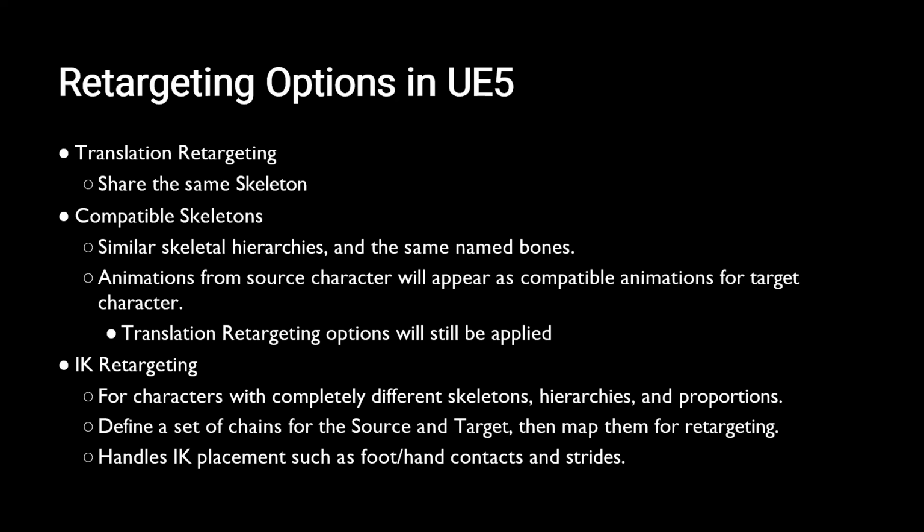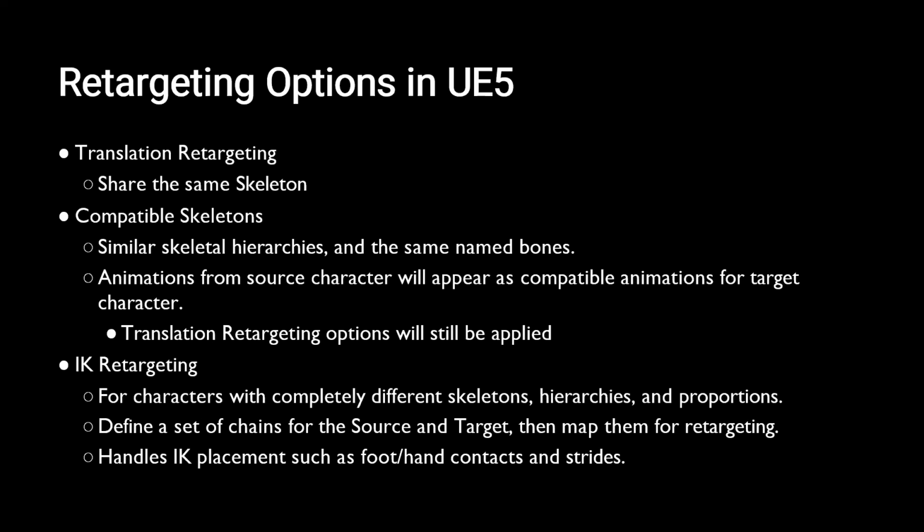So there are basically three different ways to approach this. The first is translation retargeting, which is making adjustments to two characters that share the same skeleton when they're sharing animations. The second is compatible skeletons. This is similar, in that they have similar skeletal hierarchies and the same named bones.